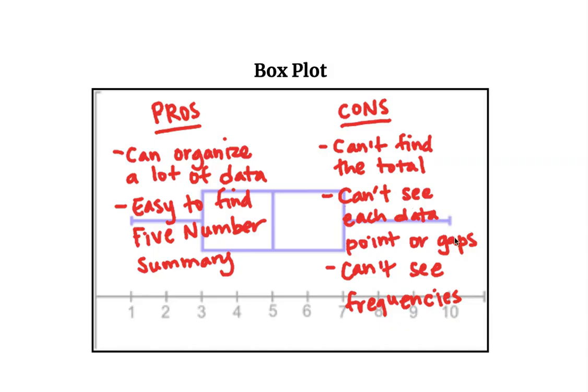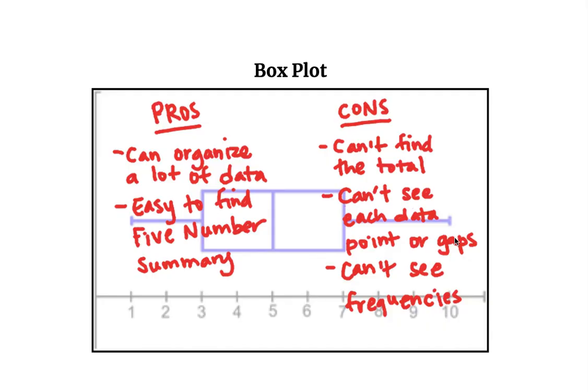I just have no idea. So I can't really see the details. And I also can't see the frequencies. I can't see if a lot of people had 7 or if just one data point was at 7. So a lot of that detail is missed in the box plot.